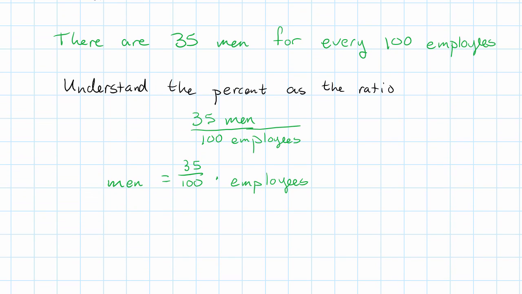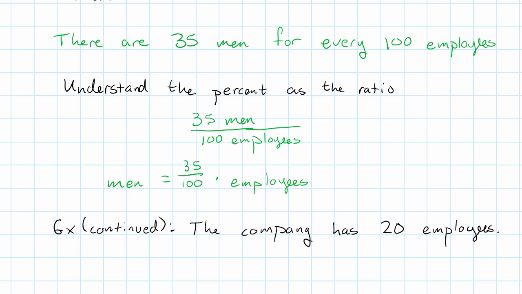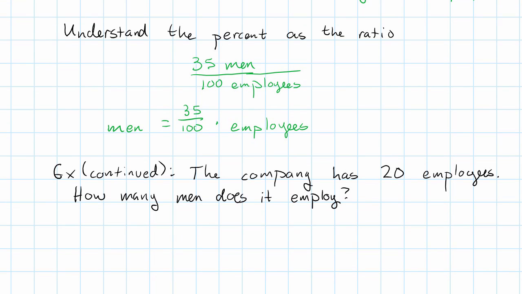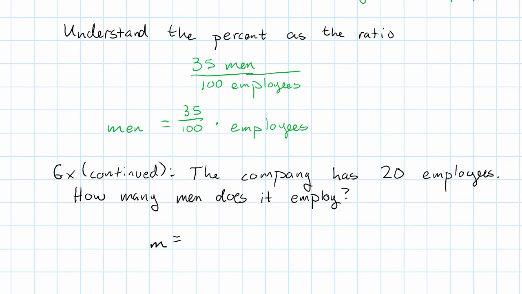So if we're told, for example, that the company has 20 employees, and we're asked, how many men does it employ? Well, the number of men, we'll call that M, is just 35 out of 100 times 20.